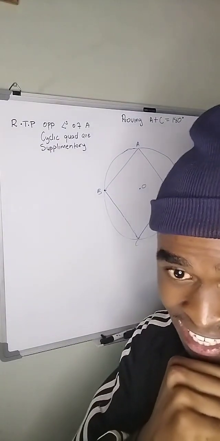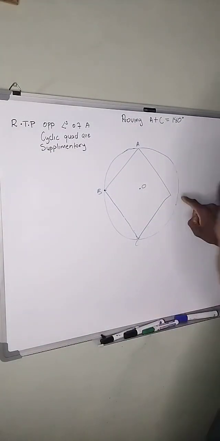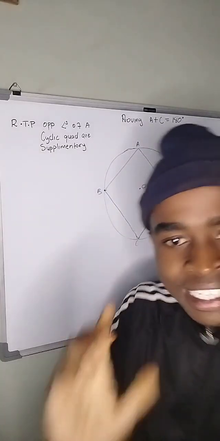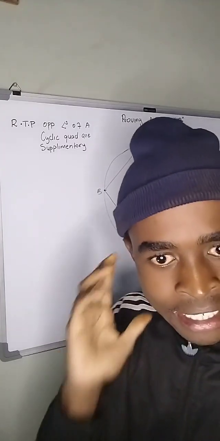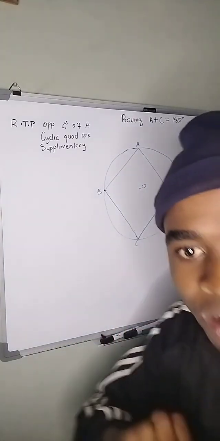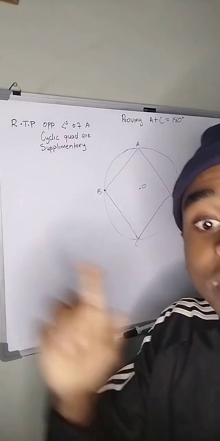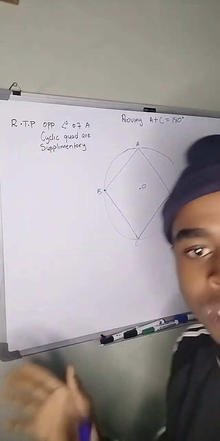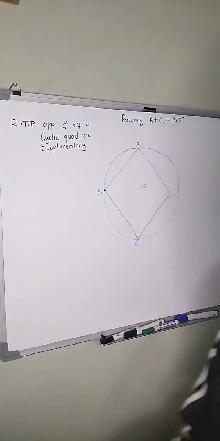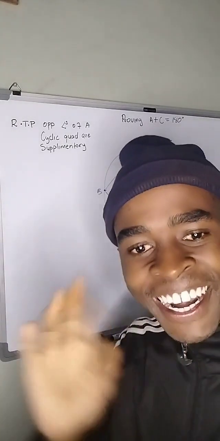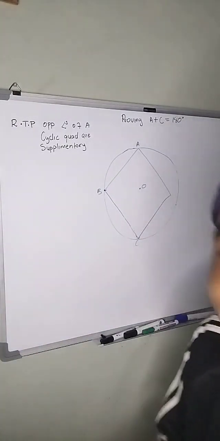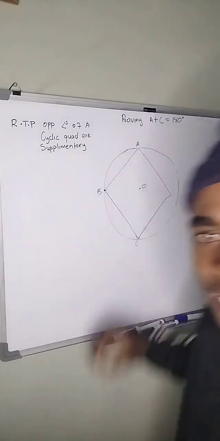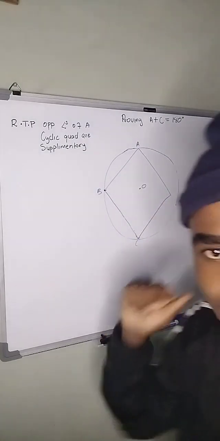It doesn't touch the circumference, because this last point doesn't touch the circumference. Not all points touch the circle.